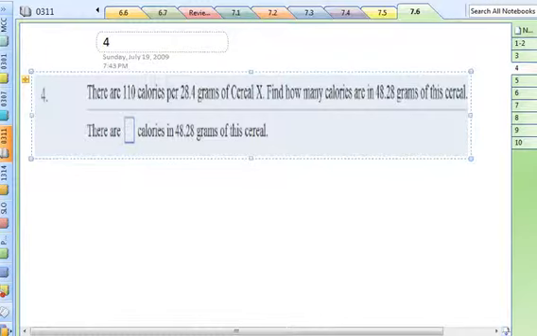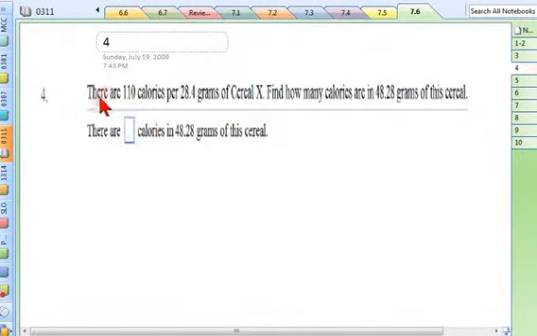Problem number 4. I think this one will set up, but we may not take our time to do the work. Once again, there's a little distortion as you try to read it. It says, there are 110 calories per 28.4 grams of cereal. I hear that as a comparison. 110 calories, I'll put a C for calories, compared to 28.4, and that's grams of cereal.